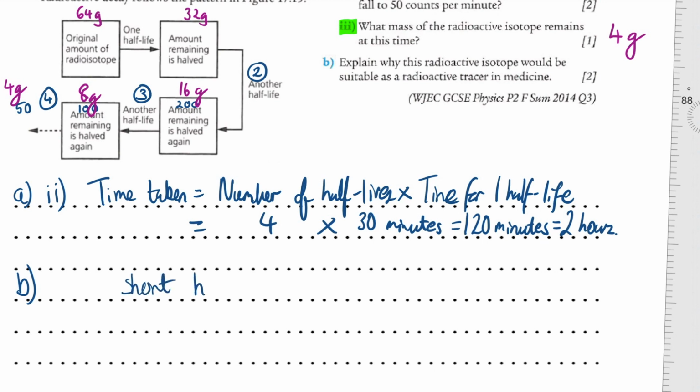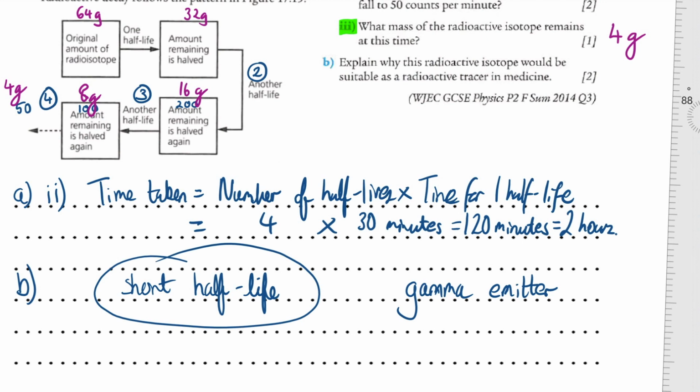Short half-life and gamma emitter. And in your explanation there, you say why you need a short half-life. So you need a short half-life so it doesn't stay in the body any longer than is required, and a gamma emitter so that it can be measured outside the body.